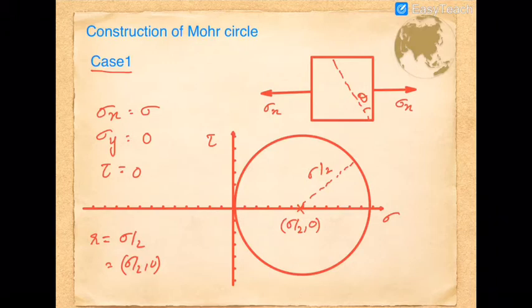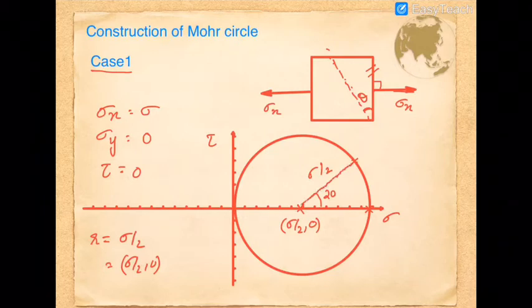The sigma axis represents the stress point where there is no shear stress. We know the principal plane, that is, sigma x is acting perpendicular to this particular plane. If you want to find out the stress along a plane which is at a theta angle from the principal plane, we have to construct a 2 theta angle subtension, then we can find out another point.